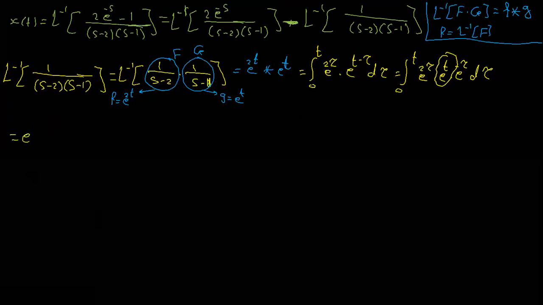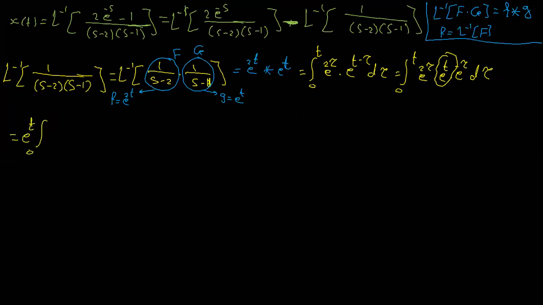Equal e to the t outside of the integral from 0 to t. Now 2 tau minus tau, so you have only e to the tau d tau. This integration is very easy, so it is e to the t times e to the tau from 0 to t, which is e to the t times (e to the t minus 1).